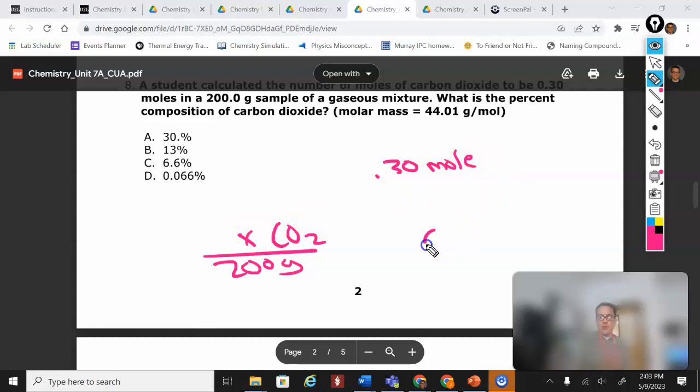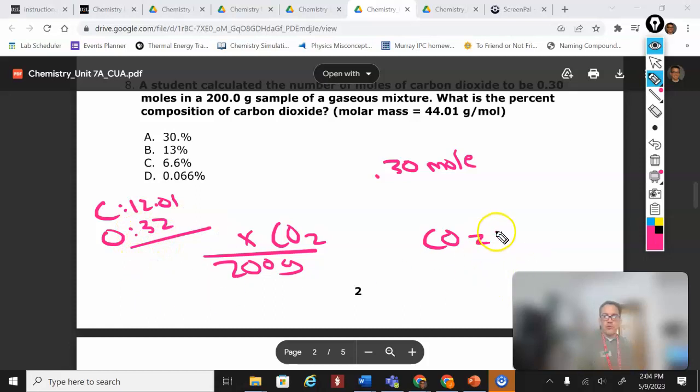And so if I've got carbon dioxide, carbon is 12.01, oxygen, I thought I worked this out somewhere so I didn't have to do it again. Again, carbon 12.01, 2 oxygens, 16 and 16 is 32. So my total, if I add that up, is going to be 44.01.